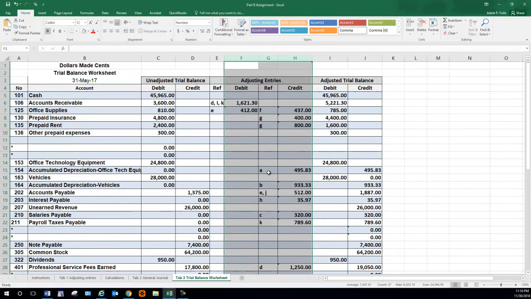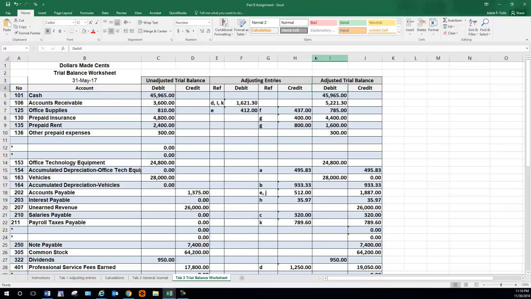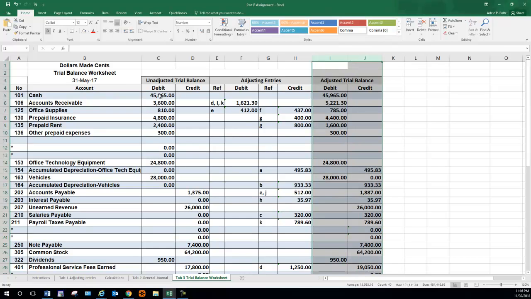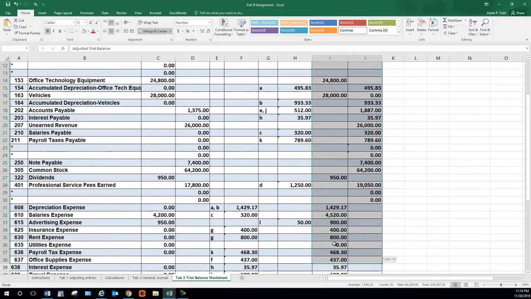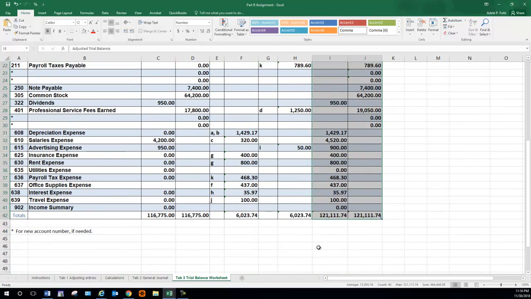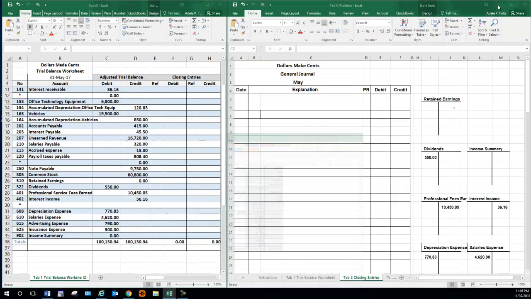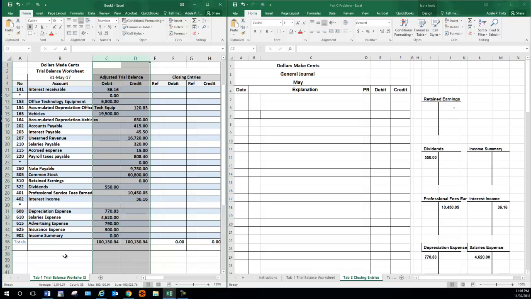We didn't have to post them in the general ledger anymore. We were able to do it on the worksheet. And then we took our beginning balances and incorporated our adjusting entries in order to figure out what our ending adjusted trial balance was. This is the starting point for Part C. So let's get back to it. So here we go.